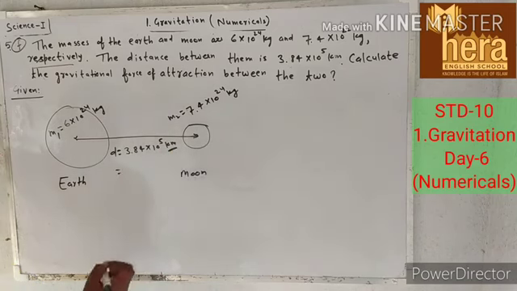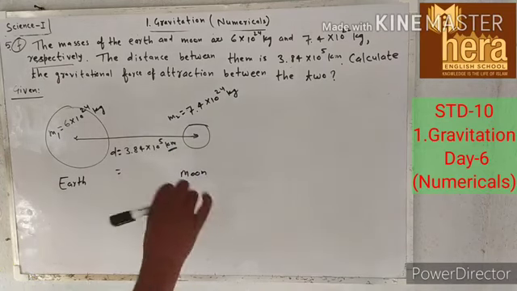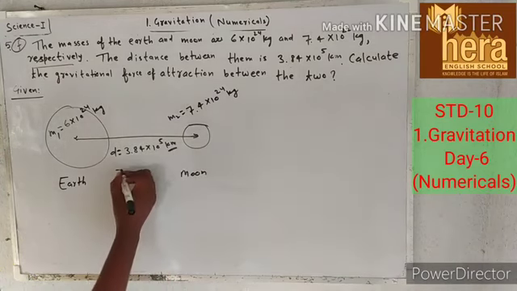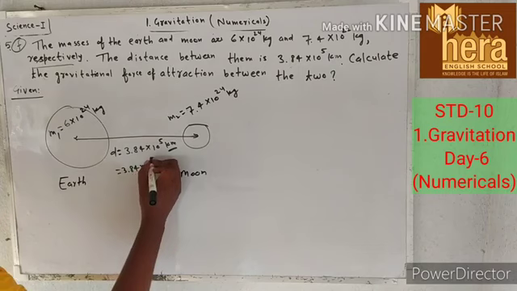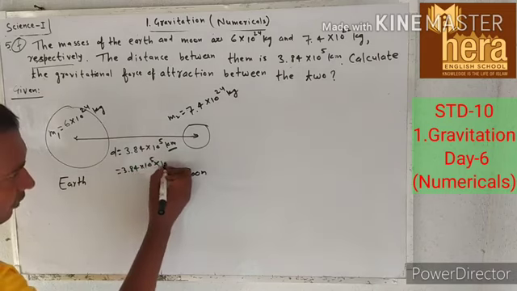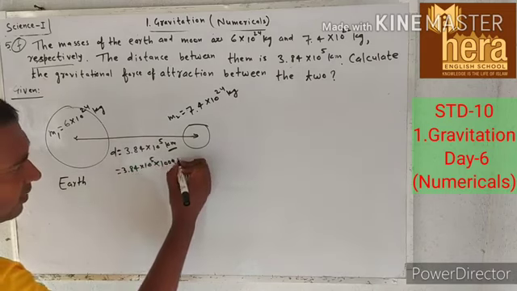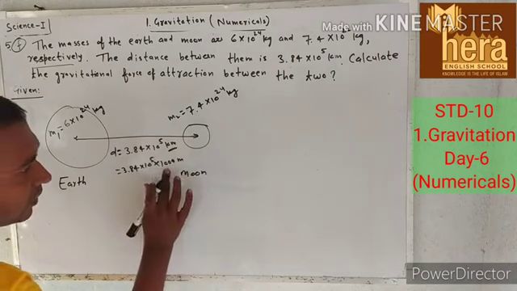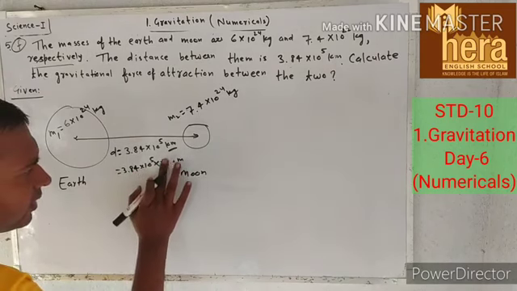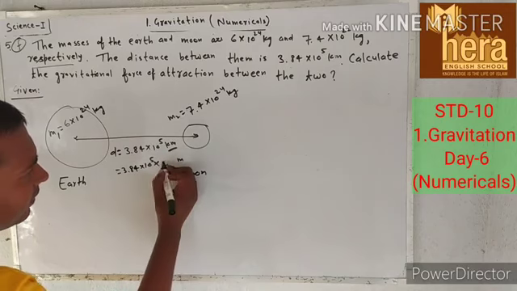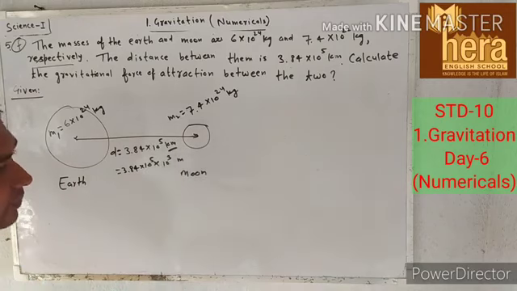So if you want to convert kilometer into meter, what you have to do? You have to multiply by 1000. Therefore 3.84 into 10 raised to 5 into 1000. I write here meter. So now this is in meter. In place of 1000 we can write 10 raised to 3 meter.